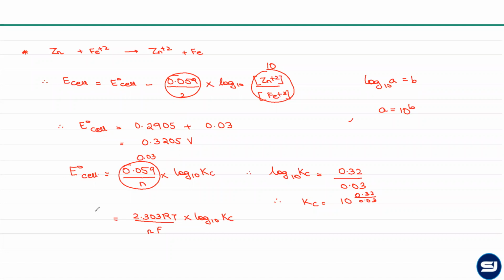Yes, sir. 0.059 is replaced by 2.303 RT by F. Now if I eliminate this 2.303, then I can write RT by NF into log of Kc to the base E. Now if you have to find it in exponential form, you will have the value as E naught of the cell into NF upon RT.